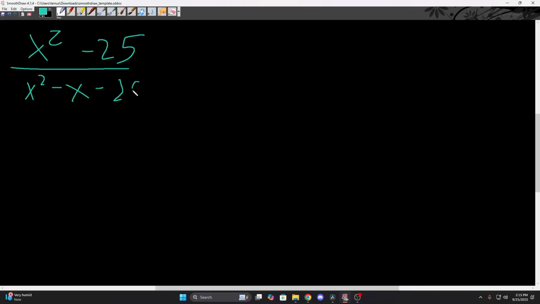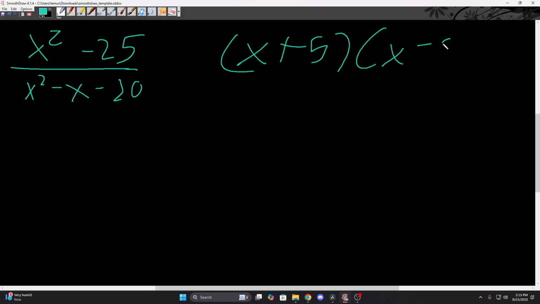Okay, so the next question is x squared minus 25 divided by x squared minus x minus 20. Here, just remember to always factor and then cancel out. So that would be x plus 5 times x minus 5. I get that easily because the square root of x squared is just x, so x on each one.